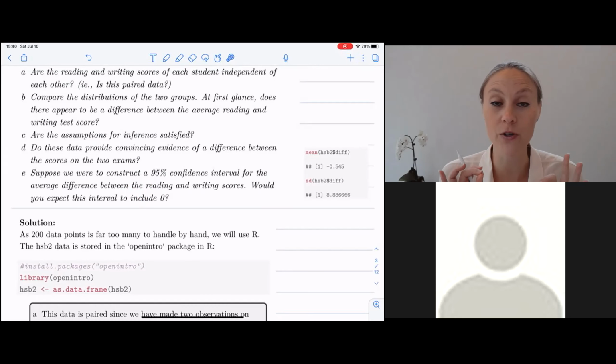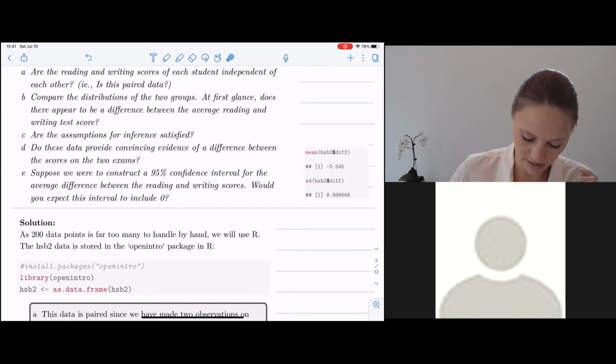Notice that I'm refusing to use the word accept there, because we can never accept anything, right? We either have enough evidence to reject H naught or we do not have enough evidence to reject H naught, and then we say that we fail to reject H naught. So we did not reject, we failed to reject H naught.